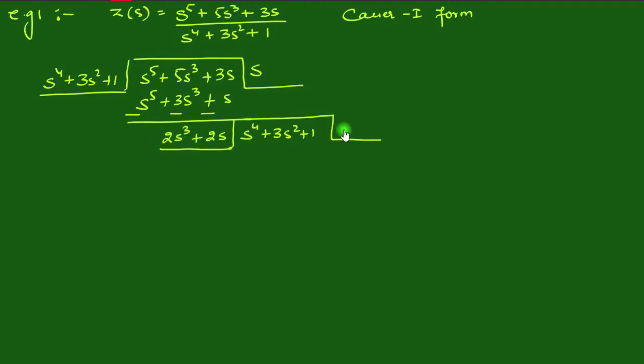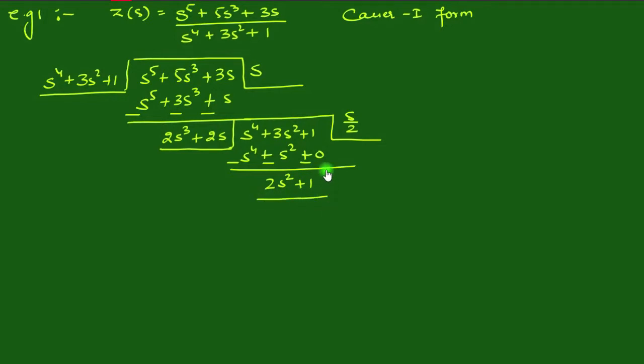To get s raised to power 4, I need to multiply this with s by 2. So I'll get s raised to power 4, multiplying this with s by 2, I'll get s square plus 0. Changing the sign, minus minus minus. These two will cancel out and this will result in 2s square and this will result in plus 1. Now this is my new remainder.